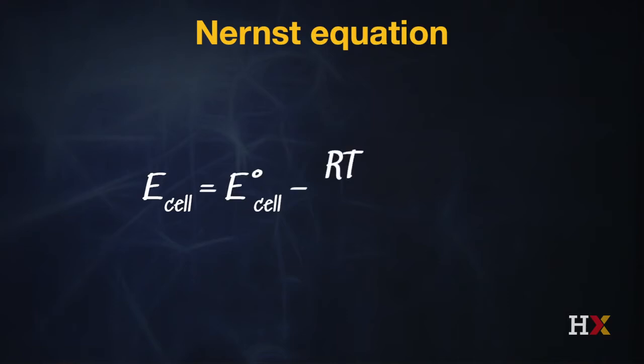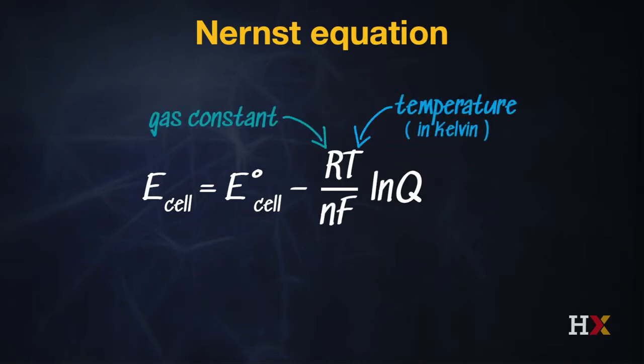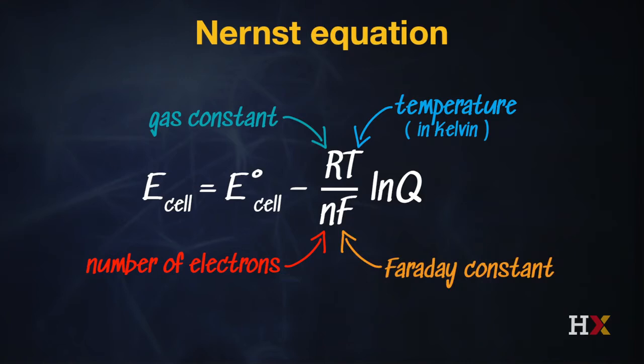And we deduce that from the Nernst equation, which is what this equation is, and that means that our cell voltage under non-standard conditions is equal to our cell voltage under standard conditions minus RT over NF times the natural log of Q, where R is the gas constant, T is the temperature in Kelvin, N is the number of electrons involved in the overall process, and F is the Faraday constant.